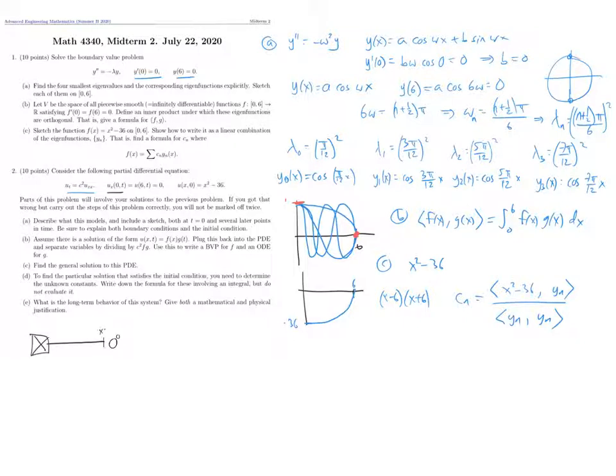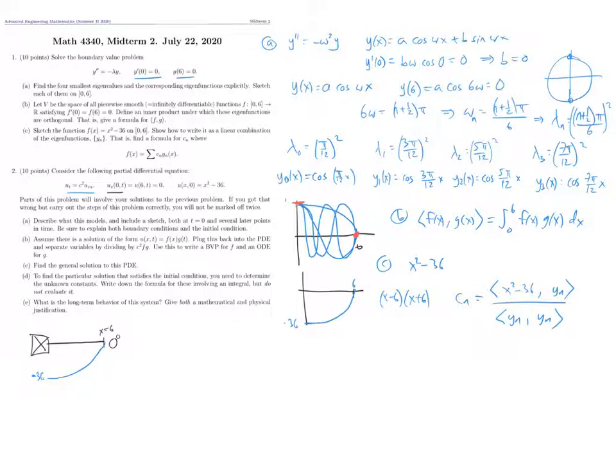So this is x equals 6. And finally, the initial condition says that the temperature of the bar is given by this function right here. So initially, that means that you have something like, so this is negative 36.